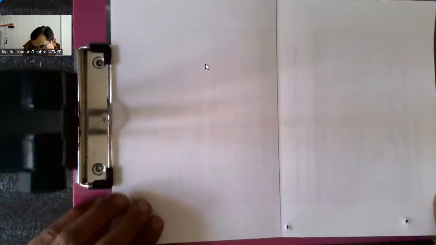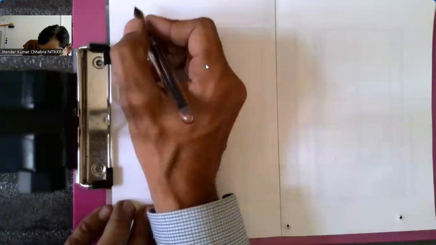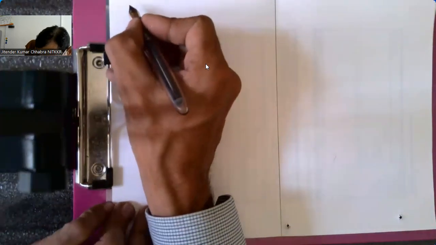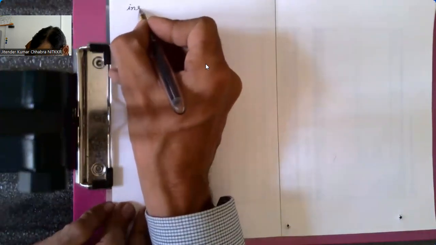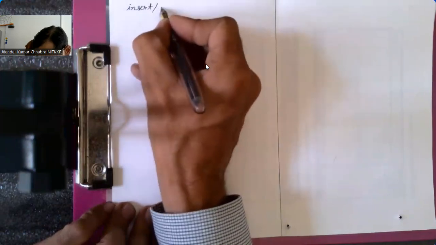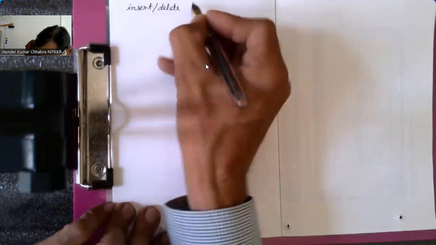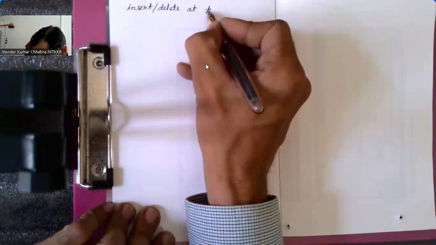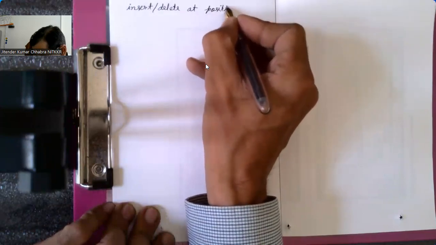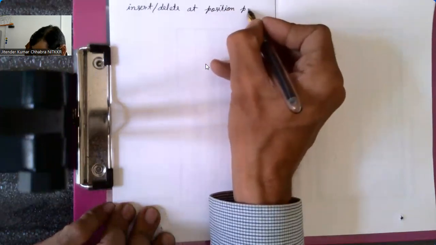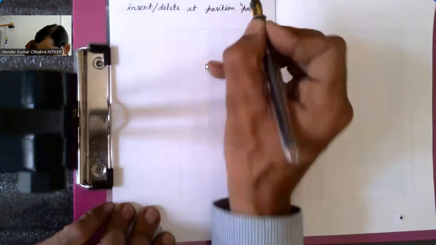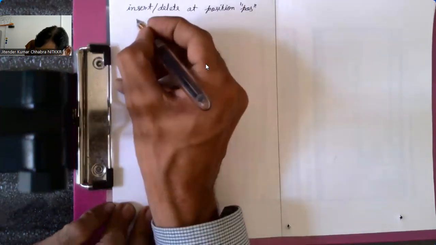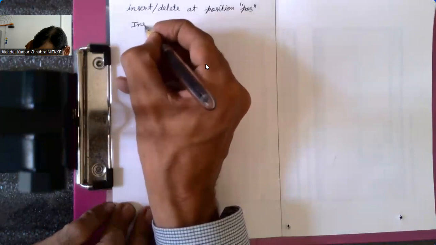So using this, now let's write a program to do insert or delete at some position. Let's say at position POS. Means, for example, I say insert at position 1.